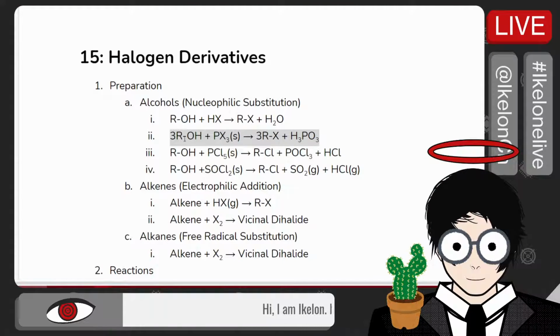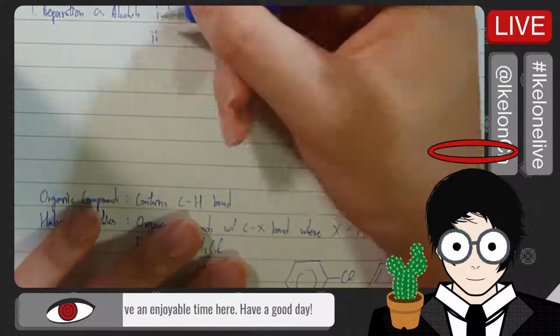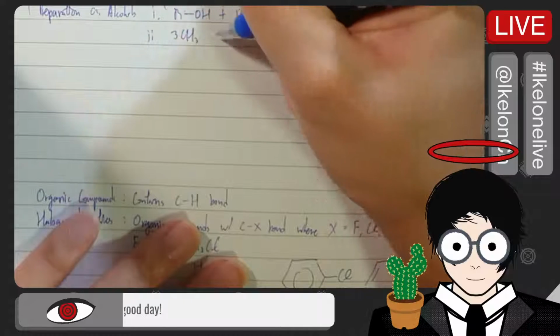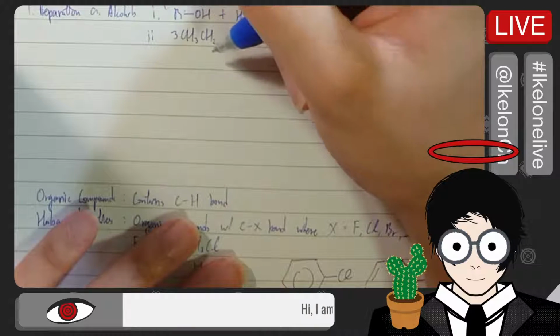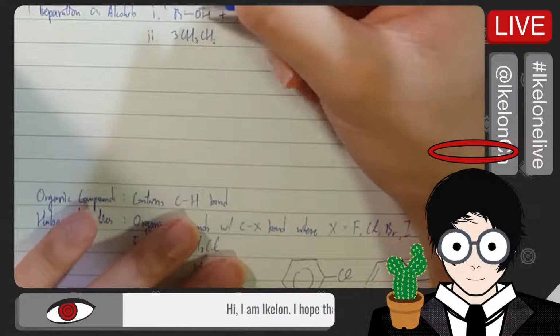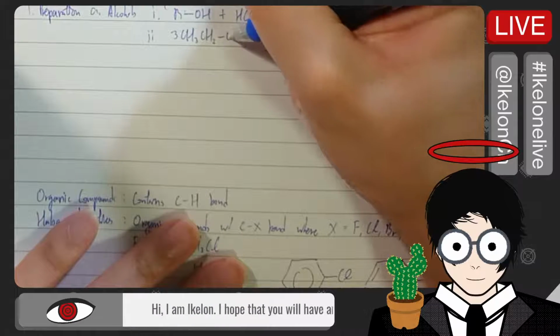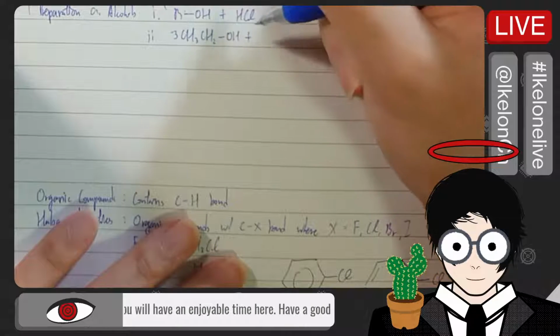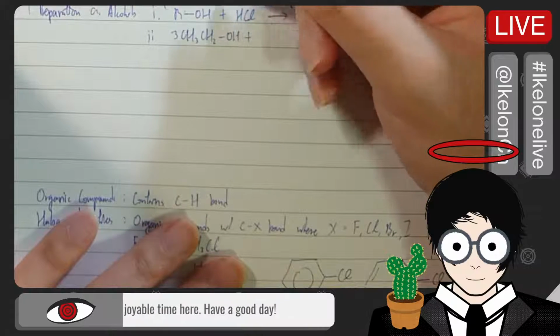So you need 3 alcohols and a phosphorus trihalide. Let's go with this one, 3 alcohols, CH3CH2OH. And a phosphorus trihalide. So let's just go with bromine.